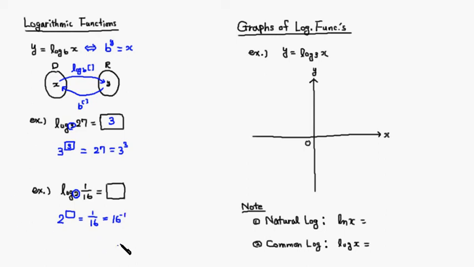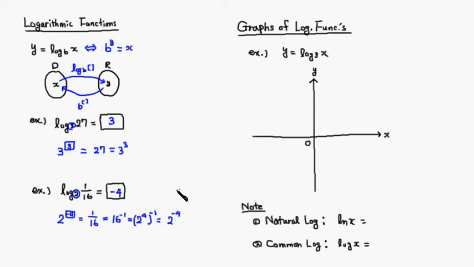But remember that 16 is 2 times 2 times 2 times 2, so 2 to the 4th is the same as 16, and you have to raise it to the negative 1 power. So you can just multiply the powers. It's going to be 2 to the negative 4 power. So we know that 2 to the negative 4 is equal to 1 over 16, so negative 4 is the value. All right, so that's how you evaluate log expressions.